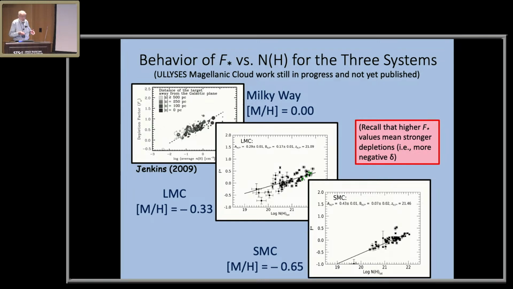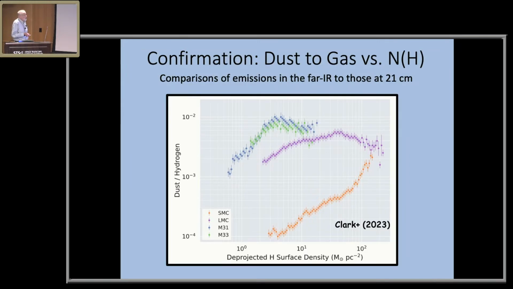That's what you would expect. This is confirmed by studies of infrared emission from dust. That is, the dust to hydrogen ratio increases as you increase the surface density of hydrogen.